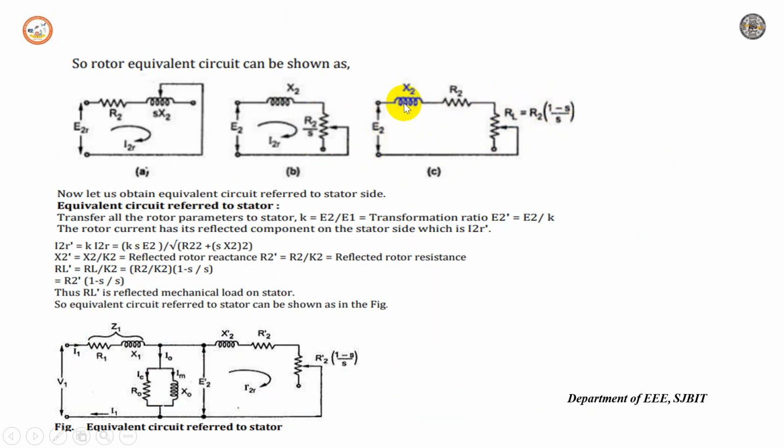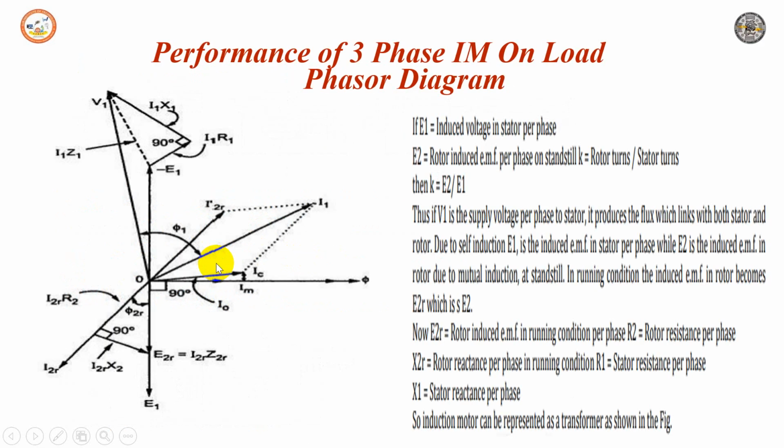So we can rearrange that: R2 by S is equal to R2 plus R2 by S minus R2.